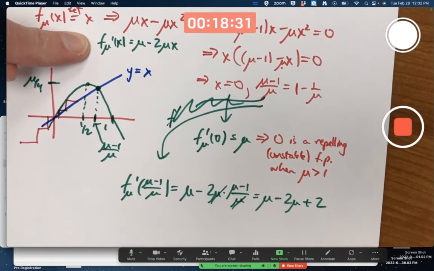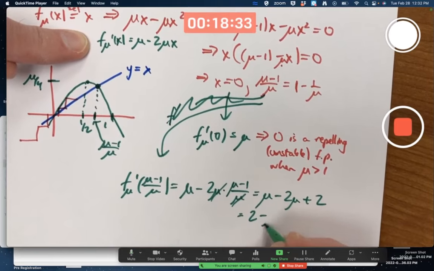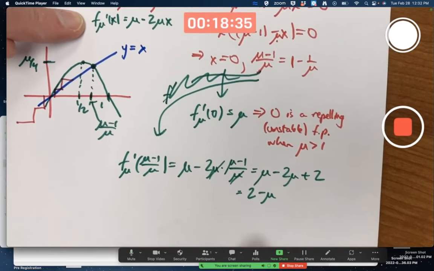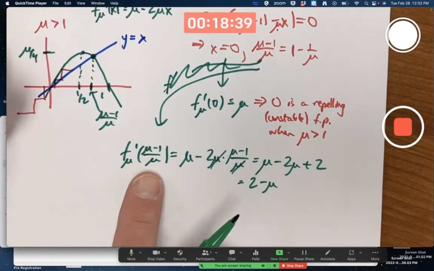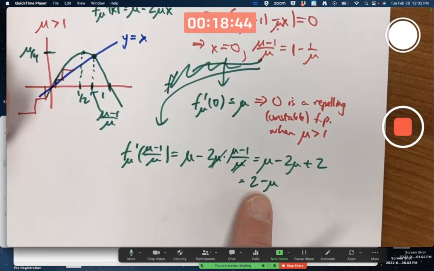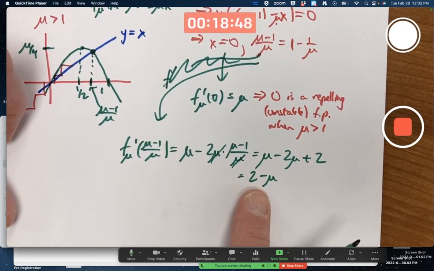Ultimately, you get 2 minus mu. The fixed point at mu minus 1 over mu is going to be attracting when this is between -1 and 1. When will that happen? When mu is between 1 and 3.